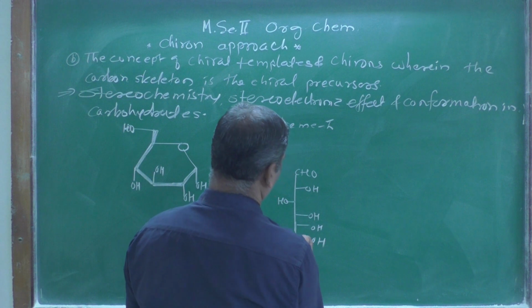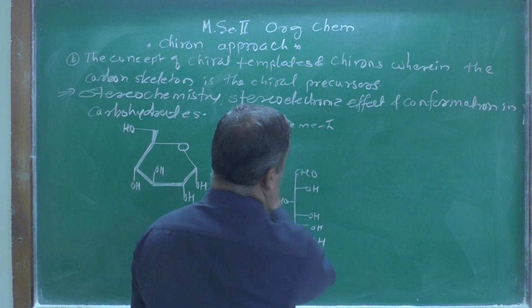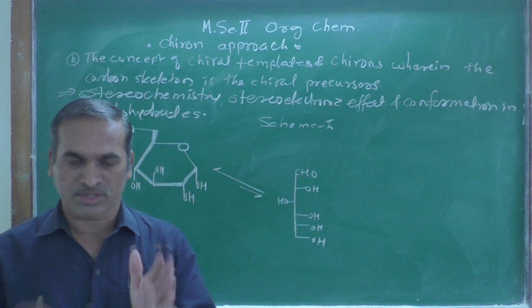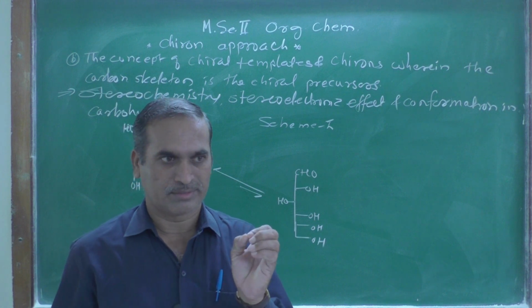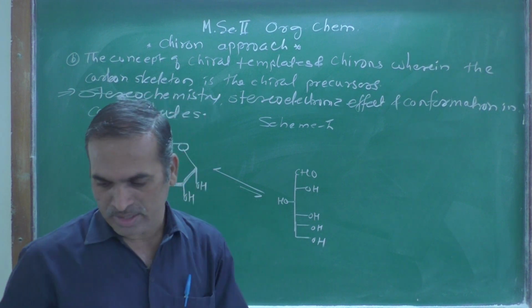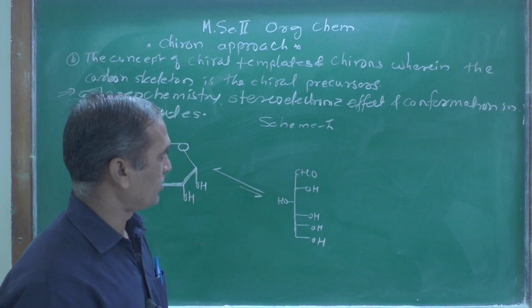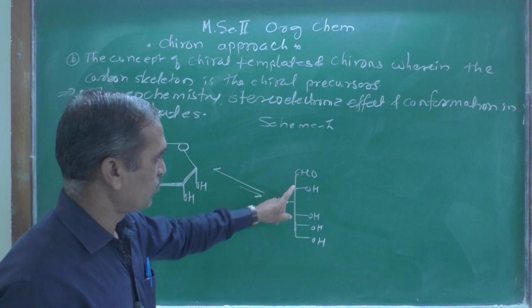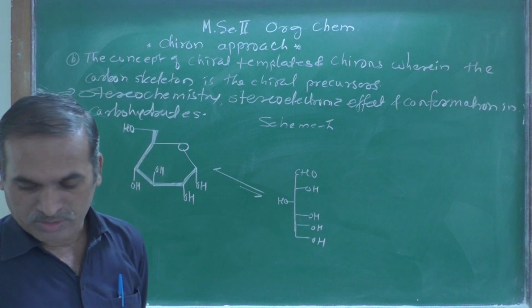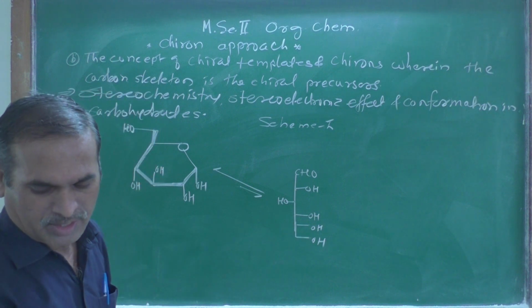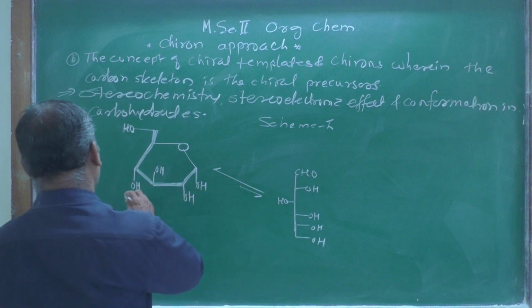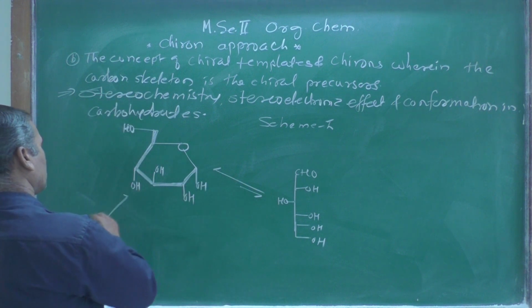Look at this: 1, 2, 3, 4, 5 and 6. This is the open chain structure of D-glucose, right? CHO, OH, OH, OH. This is the structure of D-glucose.